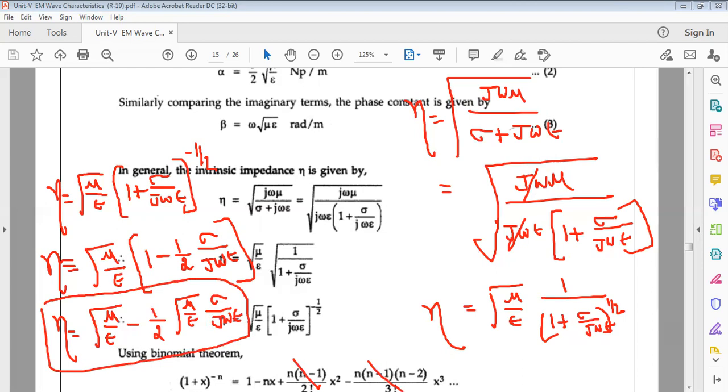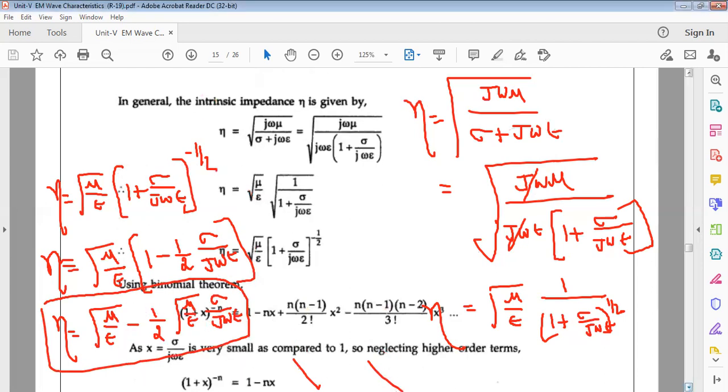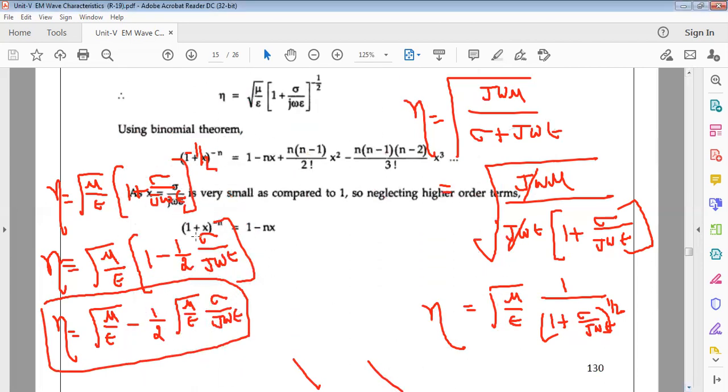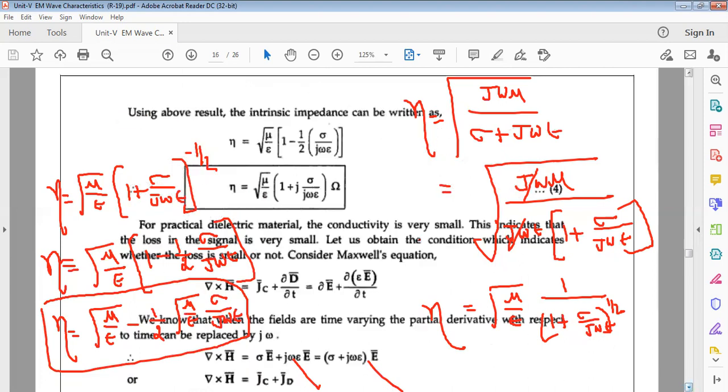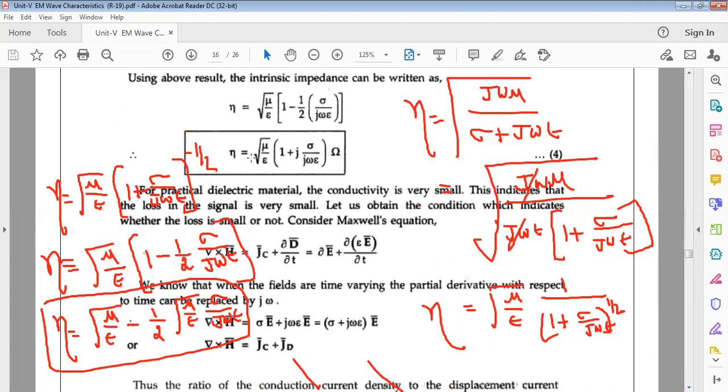After substituting the binomial theorem in that equation, 1 plus x whole power minus n is equal to 1 minus n into x, neglecting the higher order terms. You get eta is equal to under root of mu by epsilon into 1 minus 1 by 2 sigma by j omega epsilon. Got it, my students? Sigma by j omega epsilon. Understood?